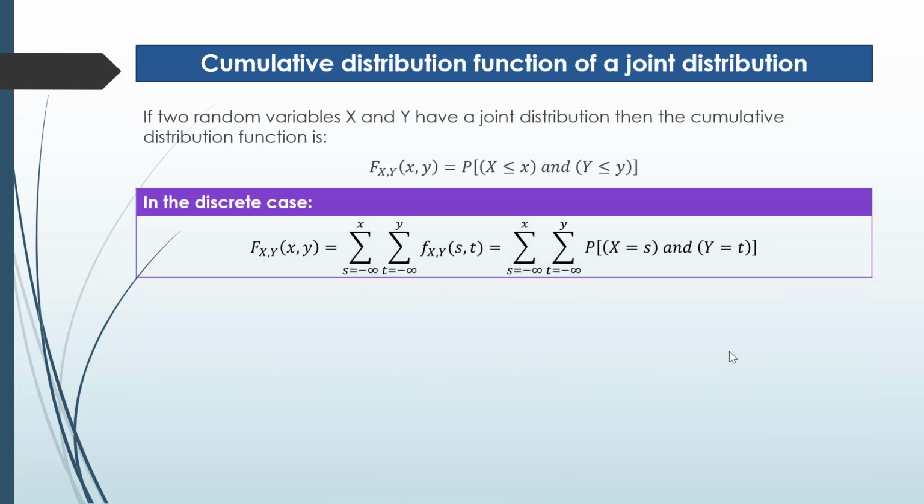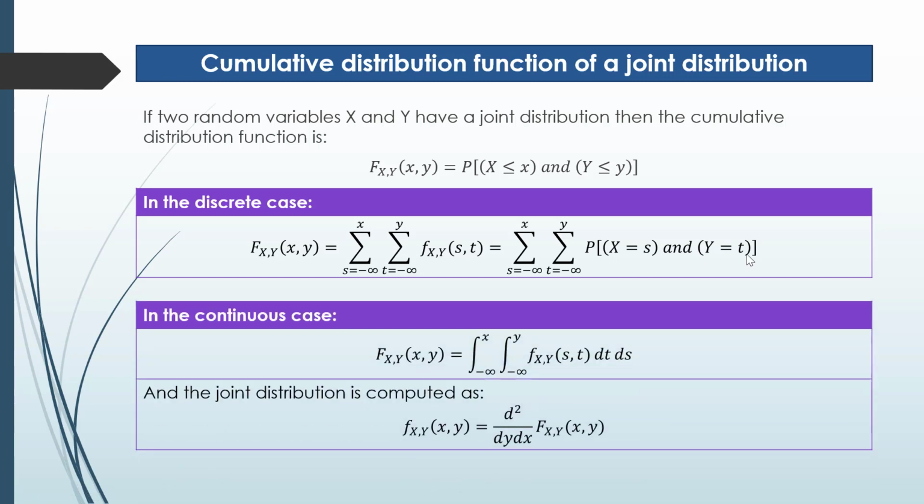So here for discrete it is a double summation, s from negative infinity to x, t from negative infinity to y, of the density function at the point s, t. And this is the double summation of the probability that x equal to little s and y equal to little t.